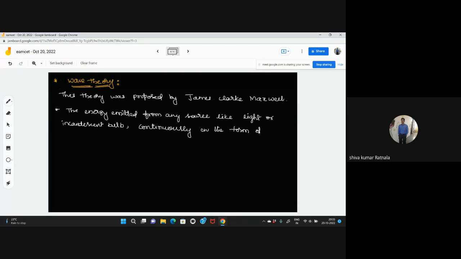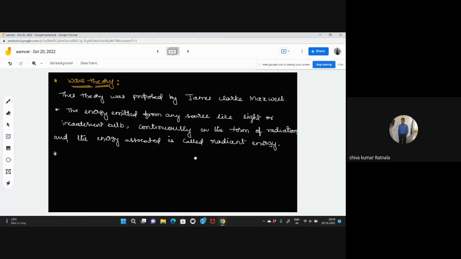The energy we get now all comes in the form of radiations only, and the energy associated with radiation is called radiant energy.